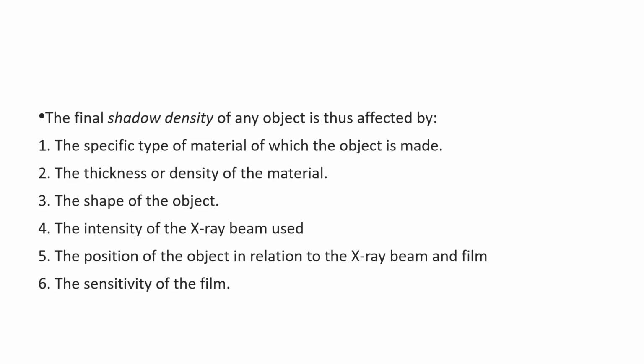You will see the difference, because amalgam is metal, which means it's denser than normal tissue within the body. So that will completely stop the X-rays, and that area will appear white on the film. Compared to the amalgam filling, the enamel wouldn't appear as white.